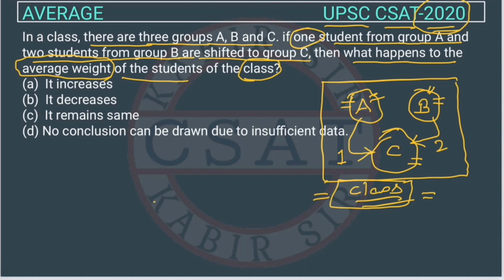These both things remain constant, no matter which student is shifting where. So the average weight of the class will remain the same, but if the question is about the average weight of these groups A, B or C, then it will change. So the answer is that it remains the same. Option C is the correct answer.